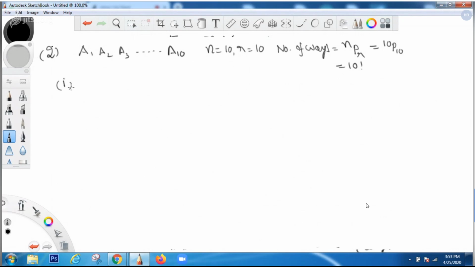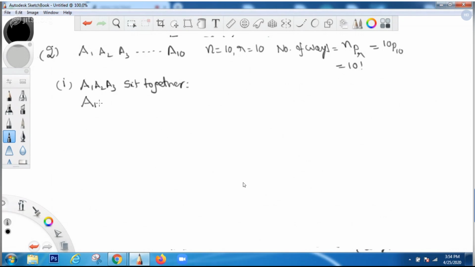First condition is A1, A2, A3 sit together. They should always sit together. This is the condition. Listen carefully.